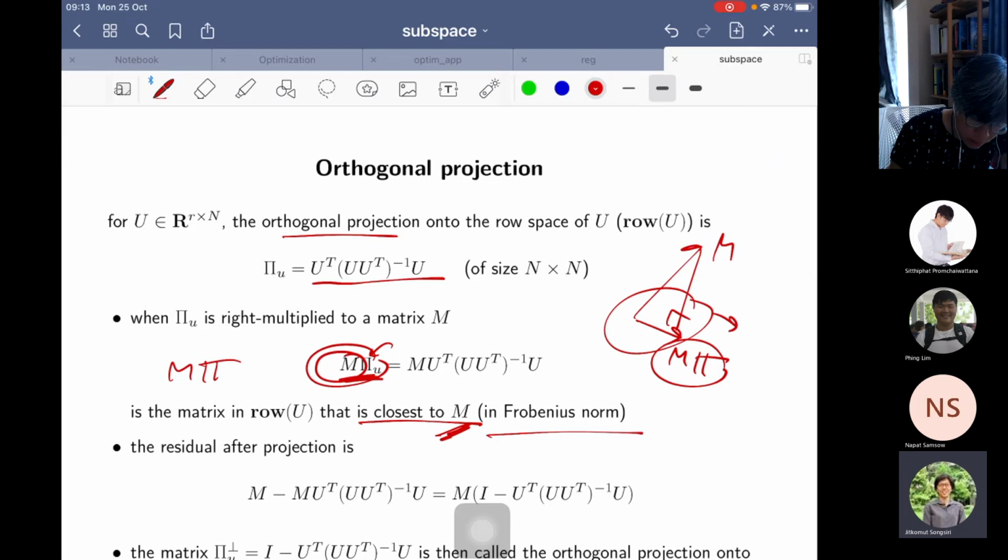And this matrix is in the row space of U.